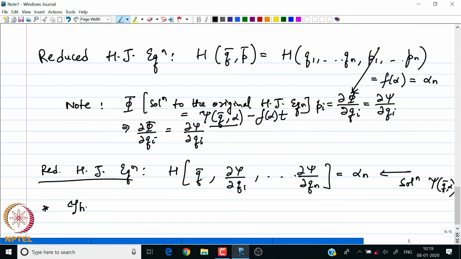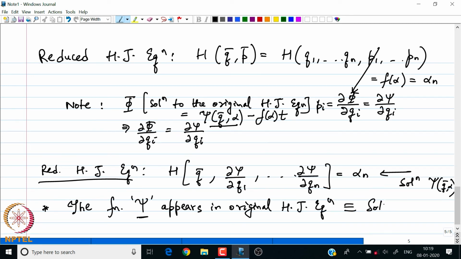It turns out that the function psi which appears in the original, mind you, psi is not the solution to the original Hamilton-Jacobi, it only appears there. But it is the solution to the reduced Hamilton-Jacobi, or the Hamilton-Jacobi corresponding to the conservative system.